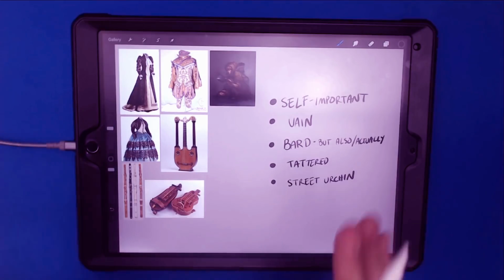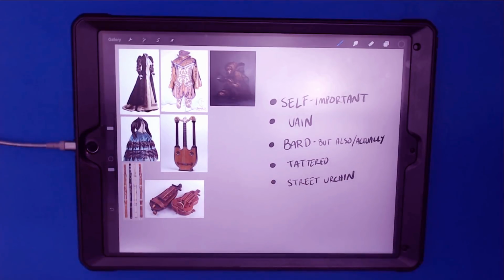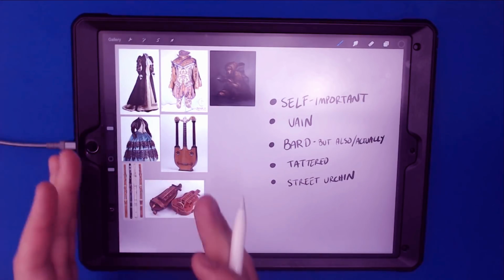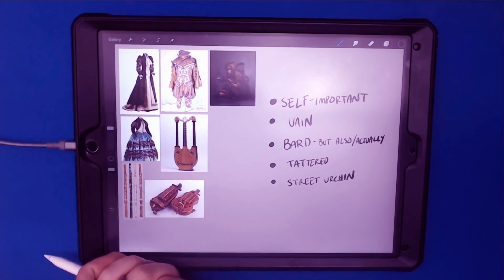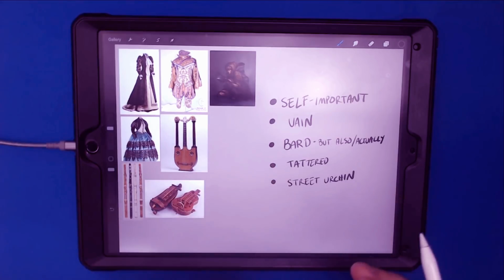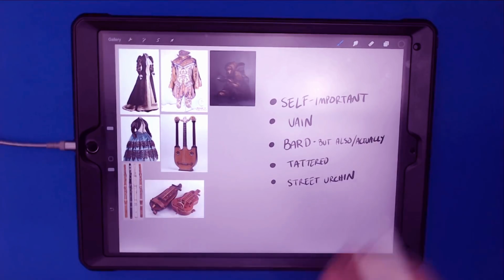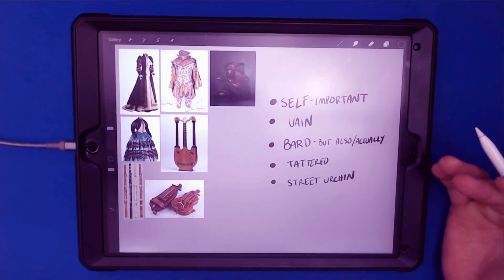Okay, so the only step that I've done ahead of actually recording and drawing and showing you guys is gathering some reference images you see on the left there, and then listing out a few of the traits and indicators that are going to go into this character, things to work off of.